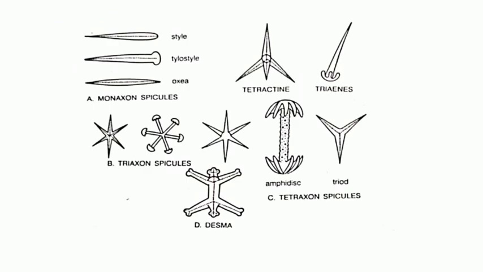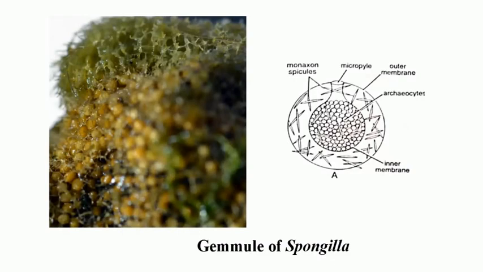Then the final specimen which we have to study in the poriferans is the gemmules. Gemmules are nothing but asexual reproductive structures which are ball-like. You can see these yellowish structures which are oval in shape, and these are the gemmules of Spongilla.